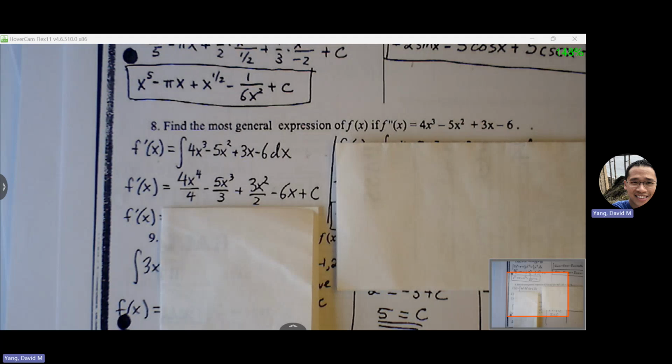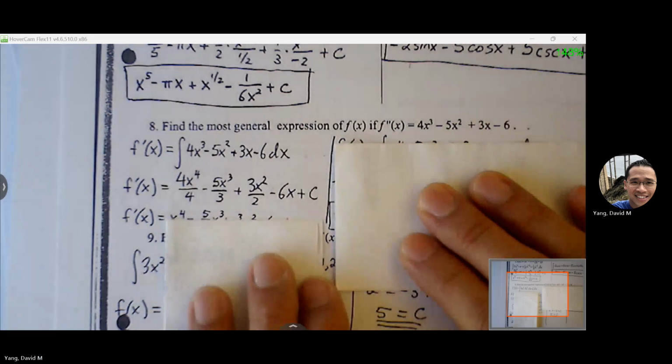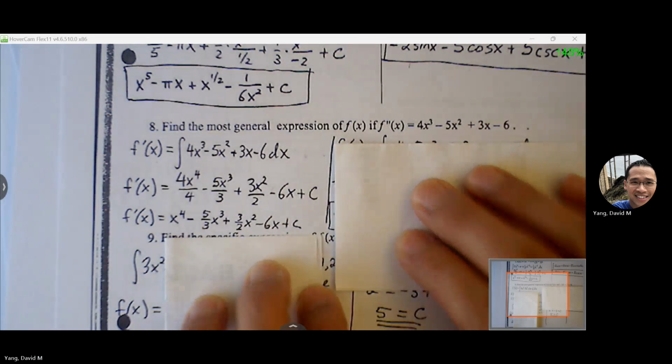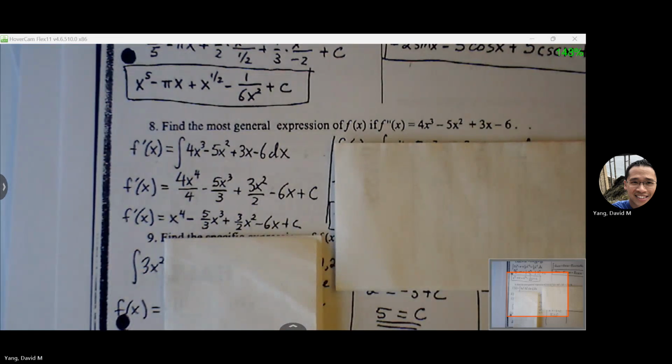I'm going to stay at f prime for one more step. I'm going to do a little bit of cleanup. The 4's canceled out, and I'm pulling the coefficients out in front to get myself ready for my next antiderivative.